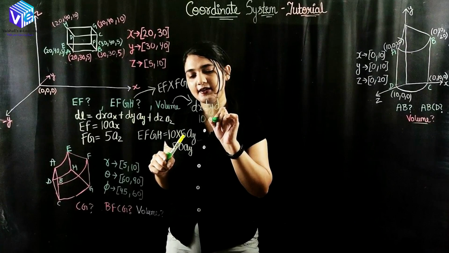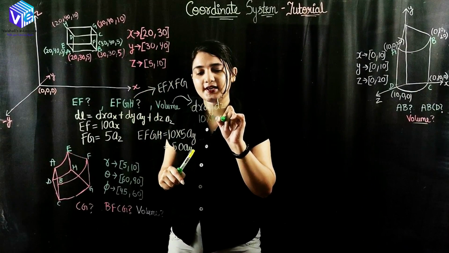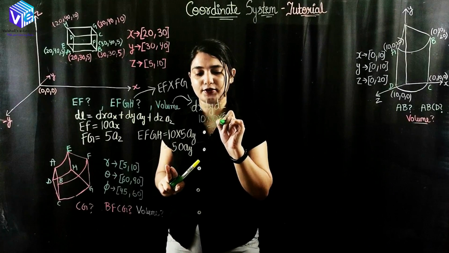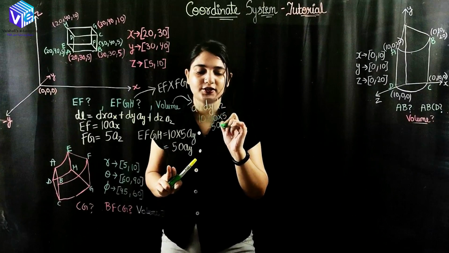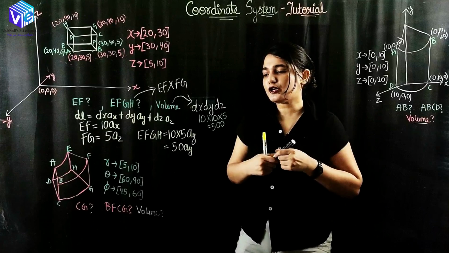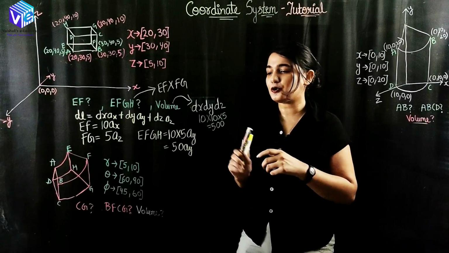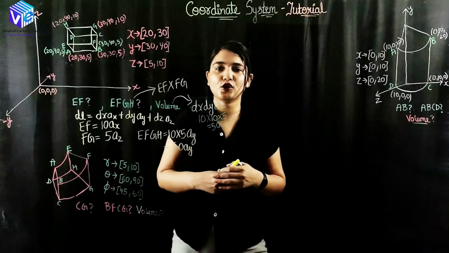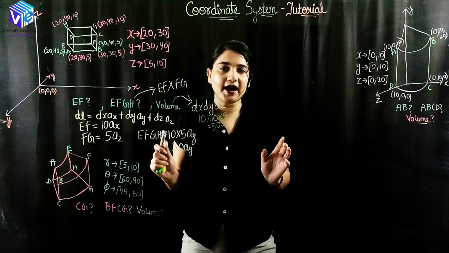It is again 10. And what is the change in z? It is 5. So I can say it is 500 square units. Sorry, cubic units. So this is the volume. Volume we can find out really straightforwardly. In cylindrical and spherical coordinates also, we will be directly finding out the volume.